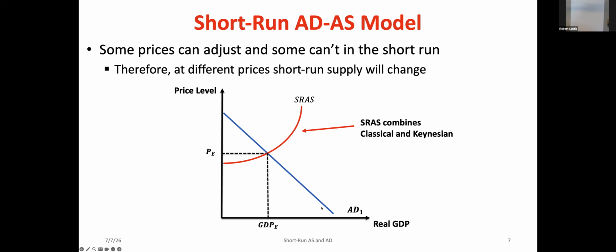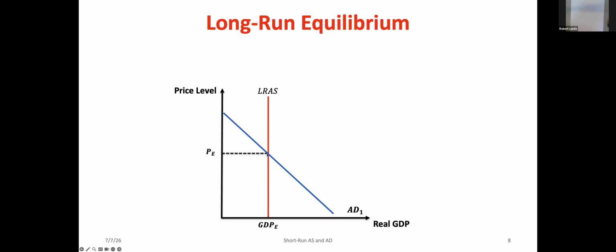Our equilibrium is where aggregate demand hits aggregate supply. It's just that we were looking at the short run. In the long run, we know that we're still going to have the same level of potential or maximum GDP. So in the long run, we still have this vertical aggregate supply curve.